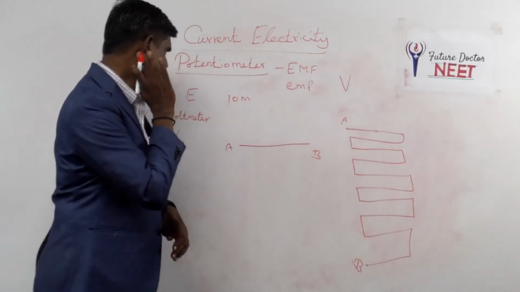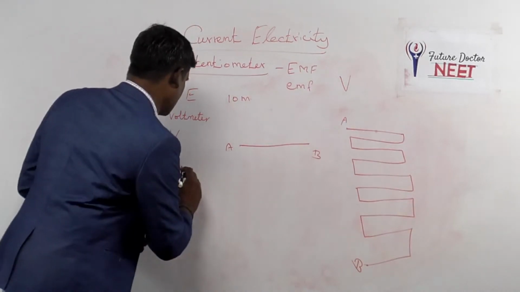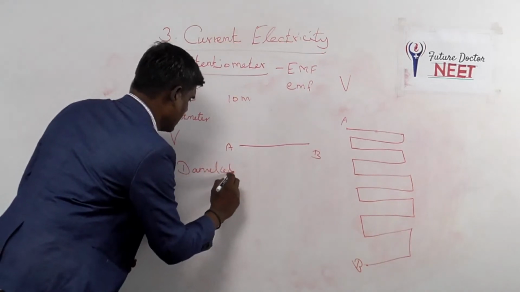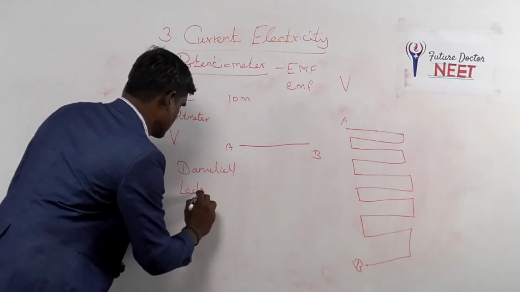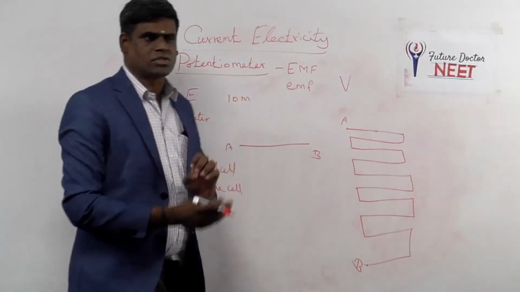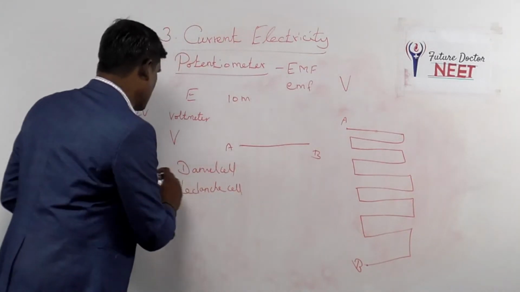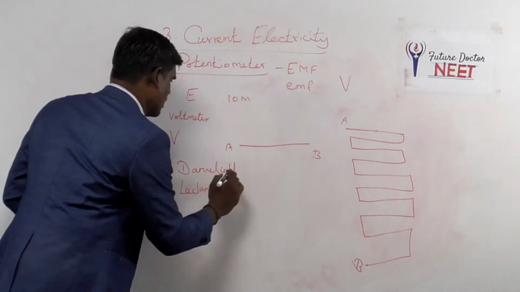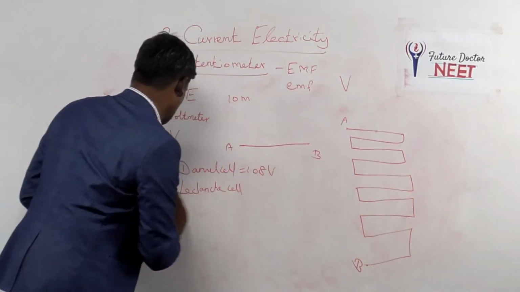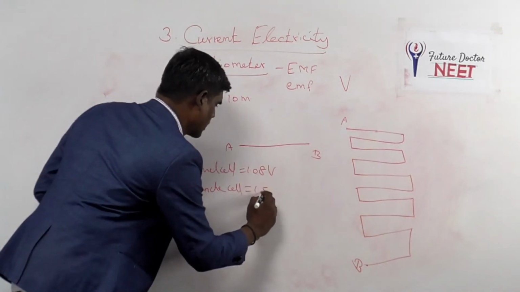Here 2 cells will be used. One is the Daniell cell, mostly used, and another is the Leclanche cell. These are the mostly used cells, and we are going to compare the EMF of these two cells. The EMF of the Daniell cell is approximately 1.08 volts, and E2, the EMF of the Leclanche cell, is 1.5 volts.